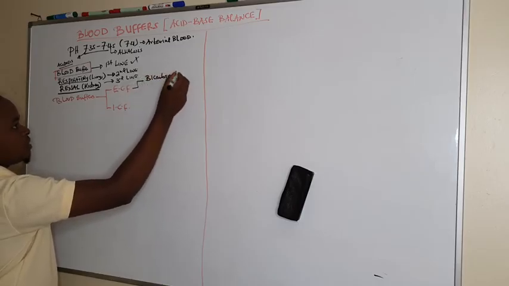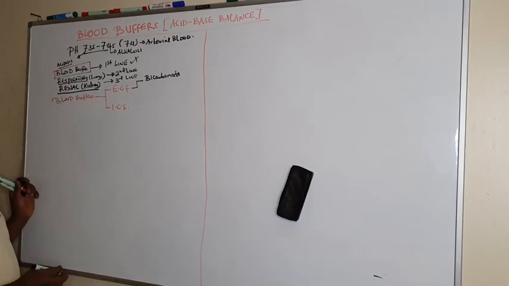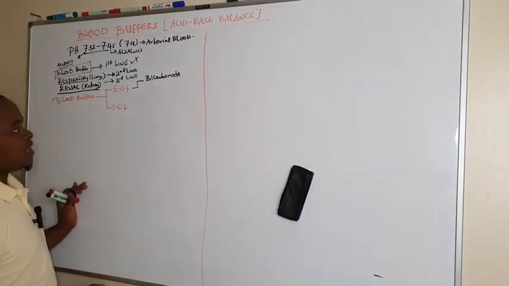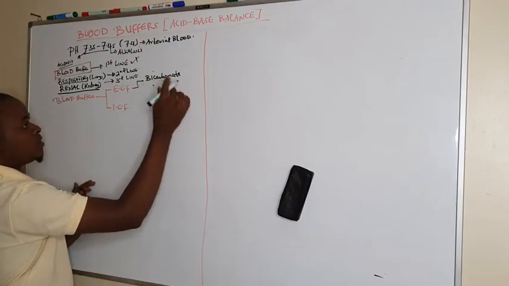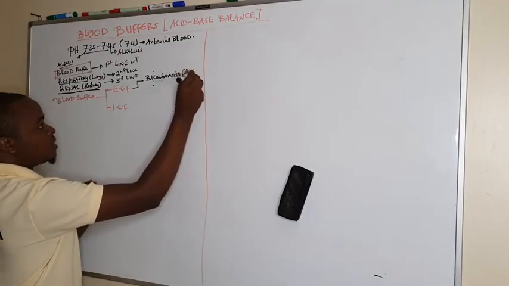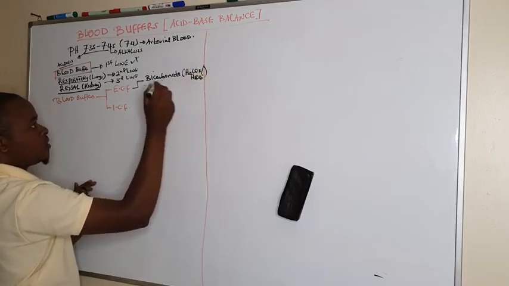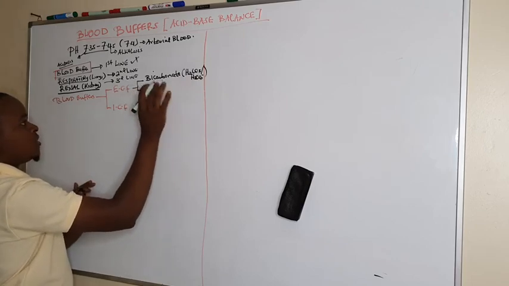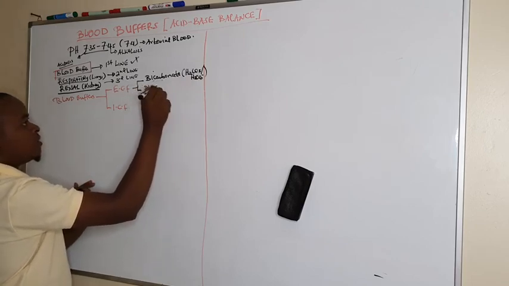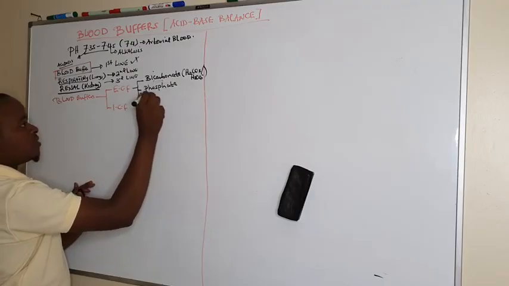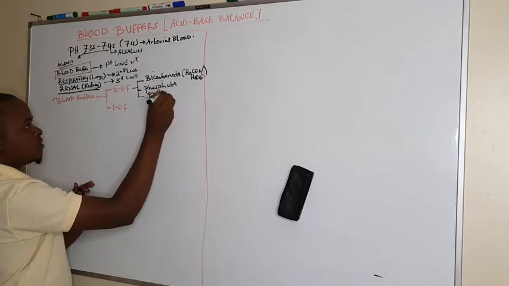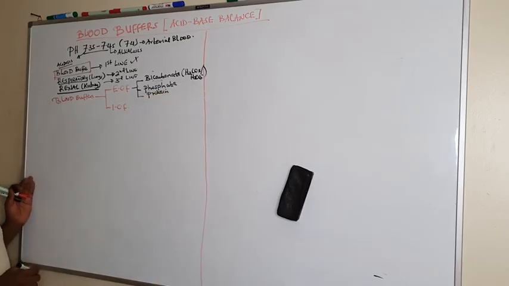Bicarbonate is the principal buffer maintaining extracellular fluid, and it contains weak carbonic acid and a conjugate base, the bicarbonate. Then another one is the phosphate buffer. Then the last one is the protein buffer. That is for the extracellular.